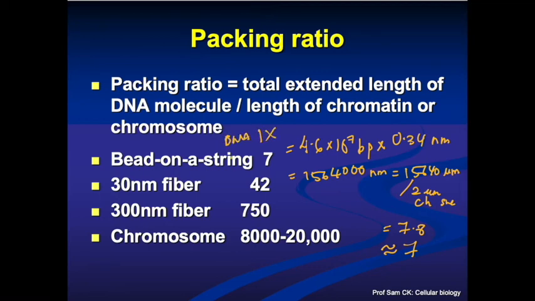So beads on a string will be 7 times more compact compared to the DNA without any formation of chromatin, without any binding with the histone protein. And then here it's 42 times more compact compared to the beads on a string structure, and so forth. So at the end, that's why the 2 meters of DNA is able to be packed into the tiny nucleus structure.